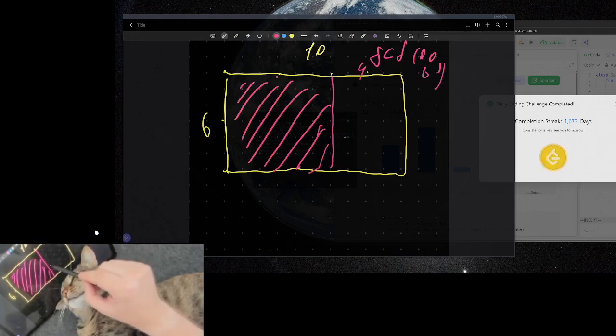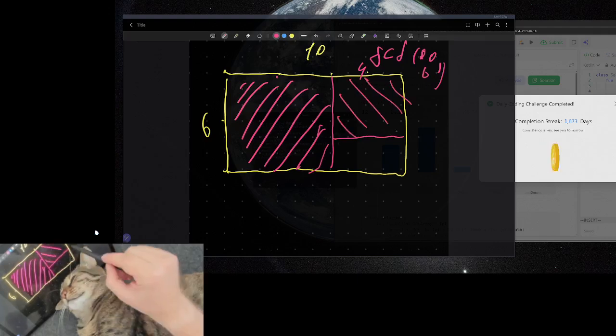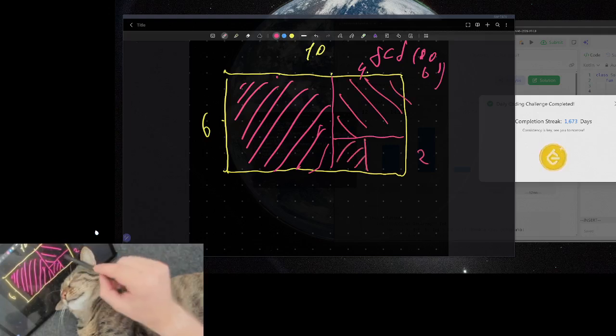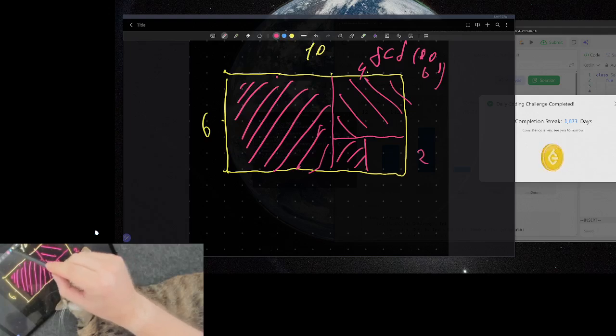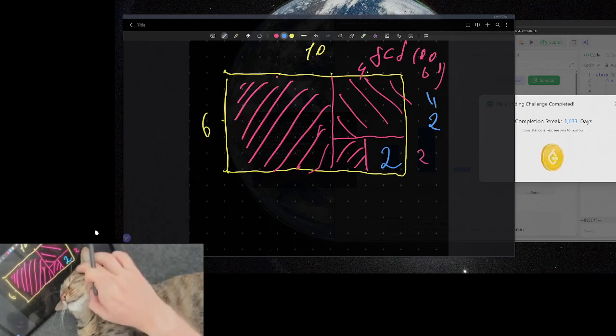And we cut in this 4 by 4 square. And this is 2. And then we cut in 2 by 2. And finally we have the GCD is 2. So equal 2. This is how it looks like. And this was a 2-step GCD.